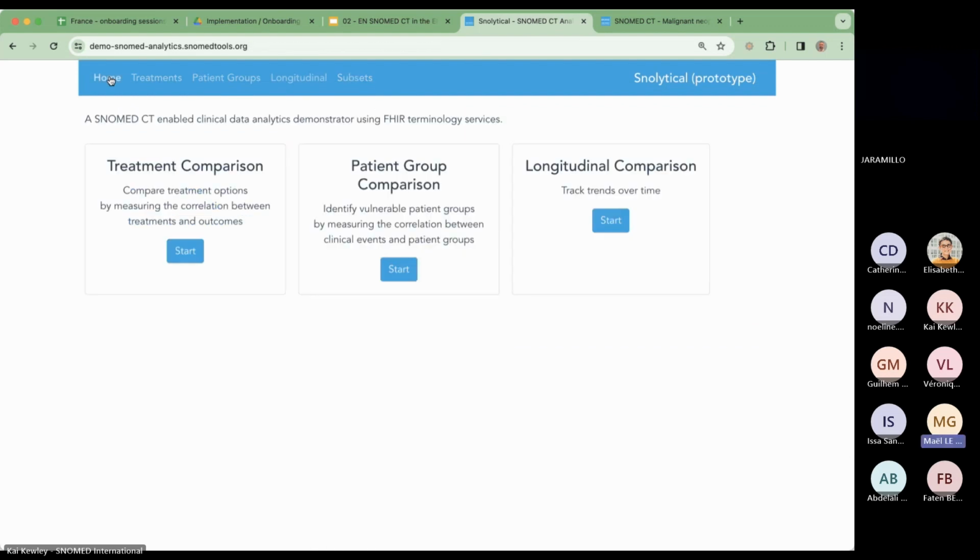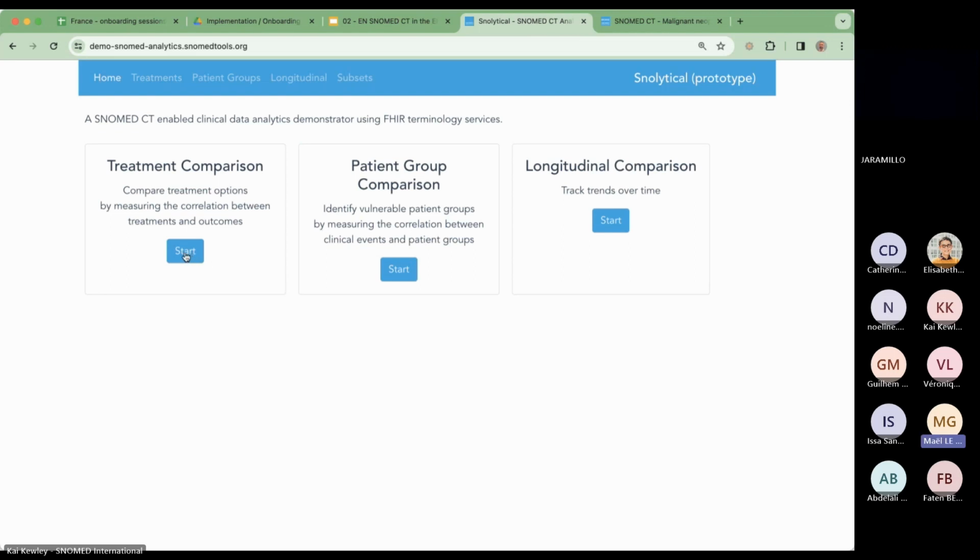This analytics tool has three main functions. One is treatment comparison that we'll be looking at now. There's two others for comparing the effect on establishing the groups of patients who are most at risk of various diseases, and to look at longitudinal studies and trends over time.